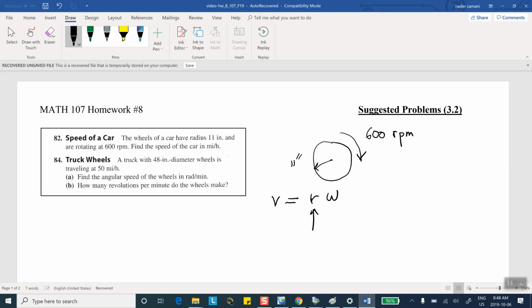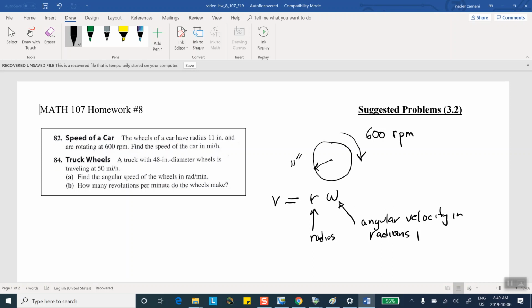This is the radius of the wheel, and this is angular velocity in radians per second.